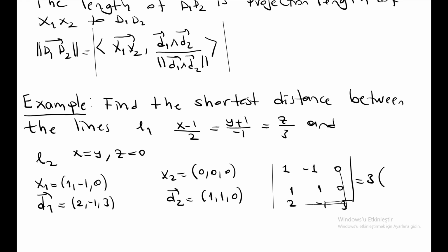Okay, so 1 plus 1, so it will be 6. This is not 0, they are skew. They do not intersect each other actually.